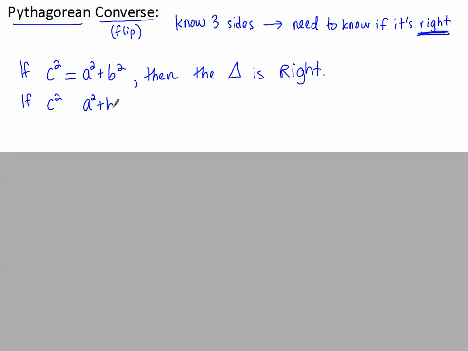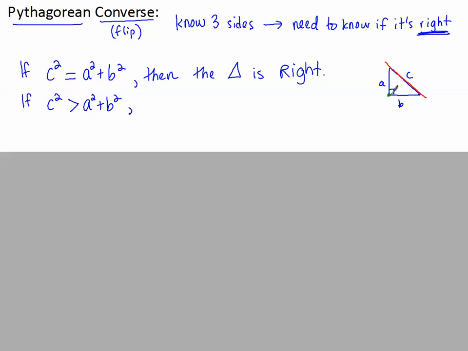If we do c squared and compare it to a squared plus b squared and get a greater than, c squared is bigger. Imagine what that's going to do to the angle that was a right angle. Take a look at this picture. If I have c and I make it longer, well, what do I have to do to these two sides a and b?